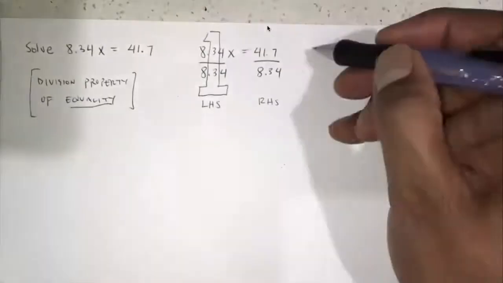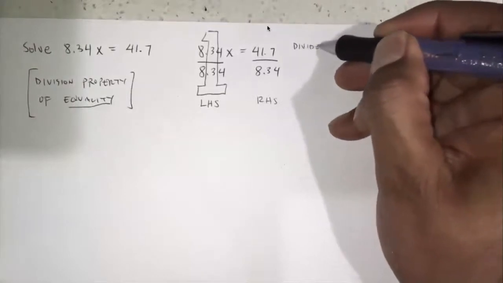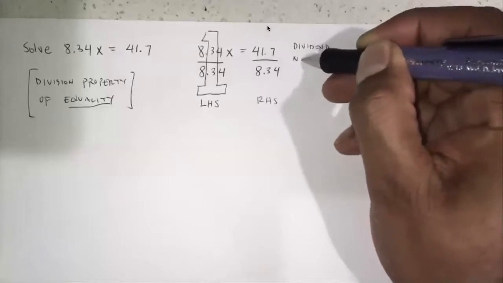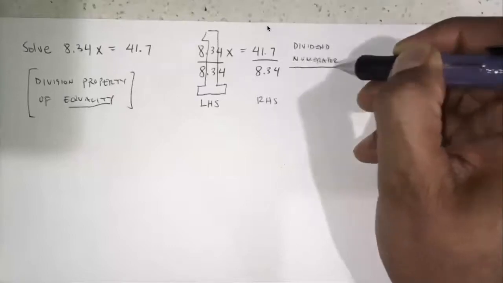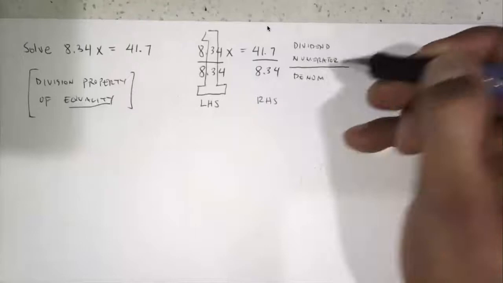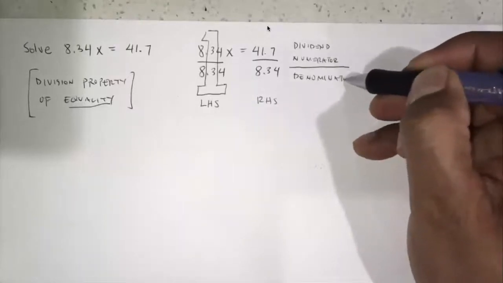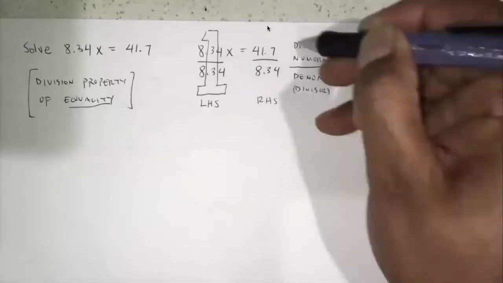All right, we quickly remember our vocabulary words. The dividend is on the top. That's also known as the numerator. Fraction bar. This is the denominator. And we're using the divisor also as the bottom.